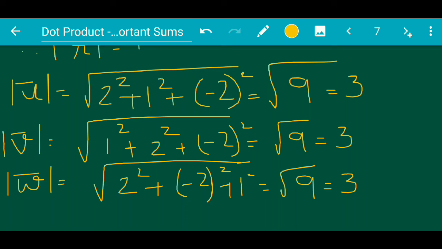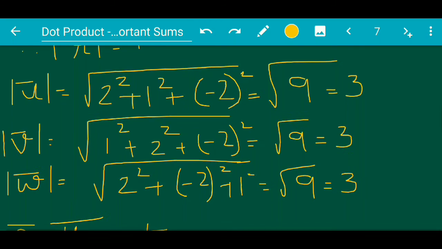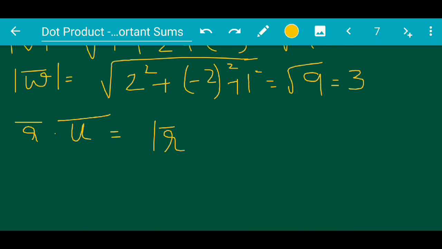Similarly, the magnitude of v and w also becomes 3. Now, since the angle between r and u is theta, we have r bar dot u bar is equal to mod r into mod u cos theta.